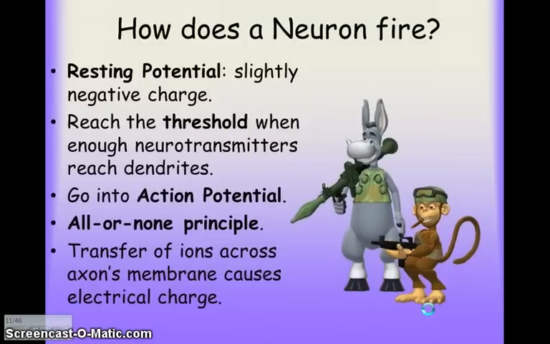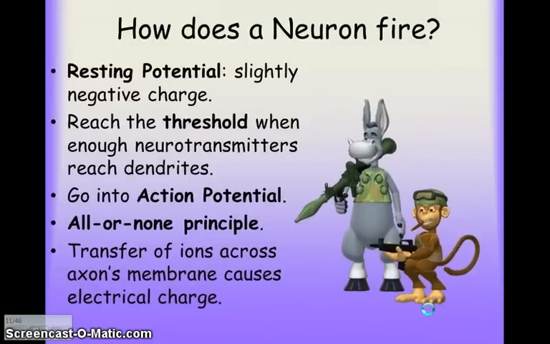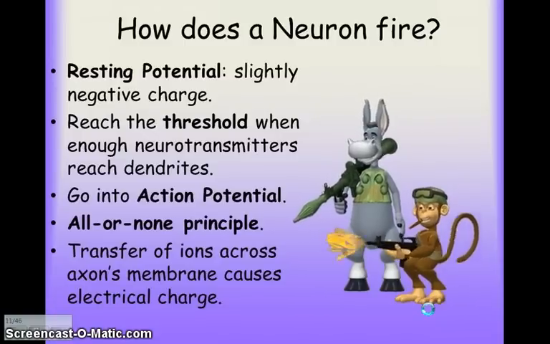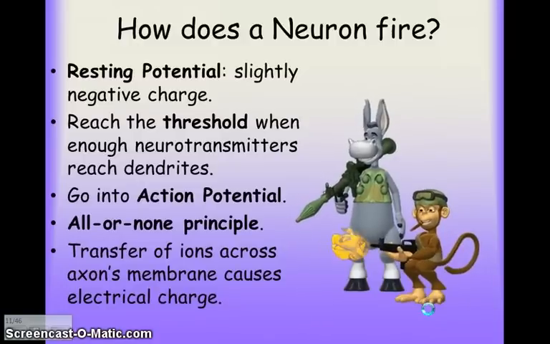Okay? Now, in terms of how a neuron fires, that's what we were talking about a little bit a second ago. You have billions of these neurons together. And essentially, if a neuron is not active, if it's at rest, we call it a resting potential. It has a slightly negative electrical charge.